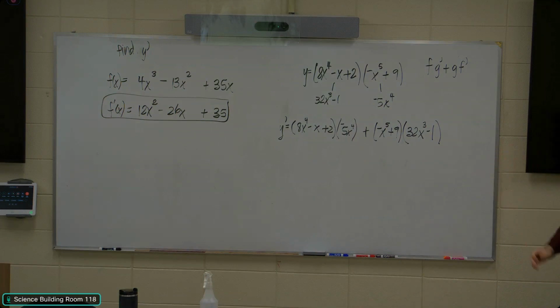Take a look at that and see if there's something that you disagree with. I think that I have it right. First function, derivative of the second. Second function, derivative of the first. Yes, that's right. This is the calculus. This is the step I have to have.